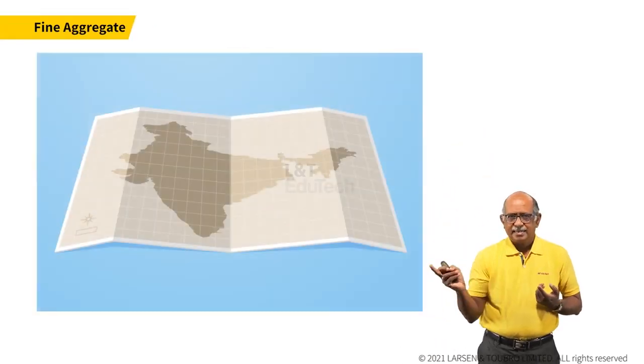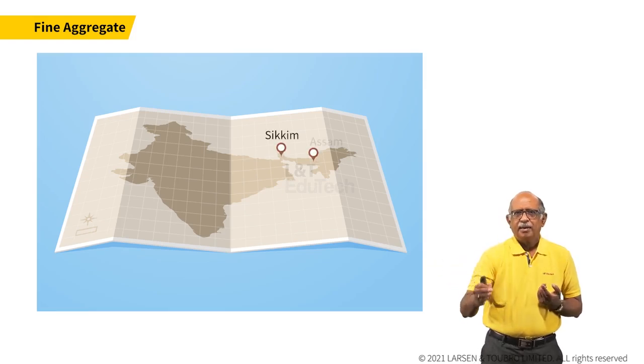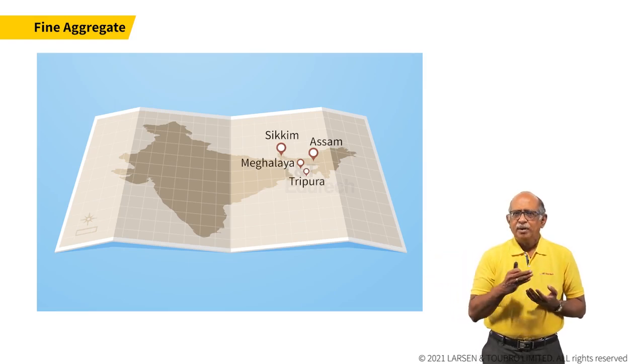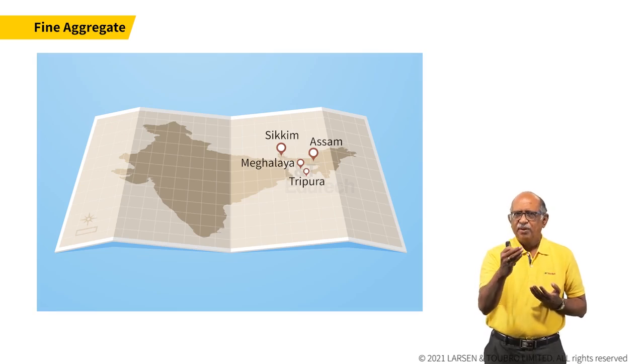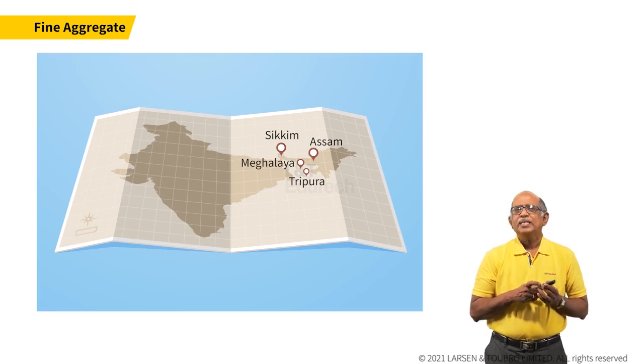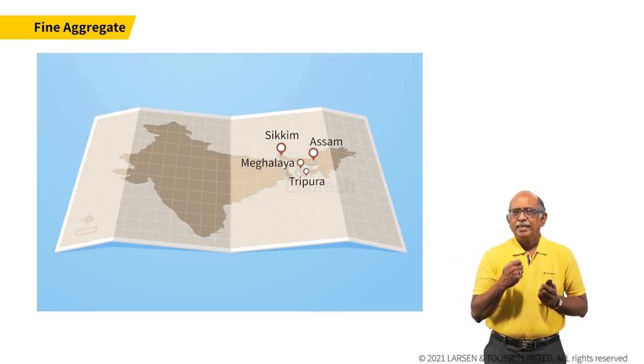Normally, when you work in the northeastern states, that means the sub-Himalayan belt, like Sikkim, Assam, Meghalaya, Tripura, the sand available is superfine sand, that means ultra fine or very fine sand, conforming to zone 4. In most cases it is only river collection, because it being a Himalayan belt, normally blasting is not allowed.